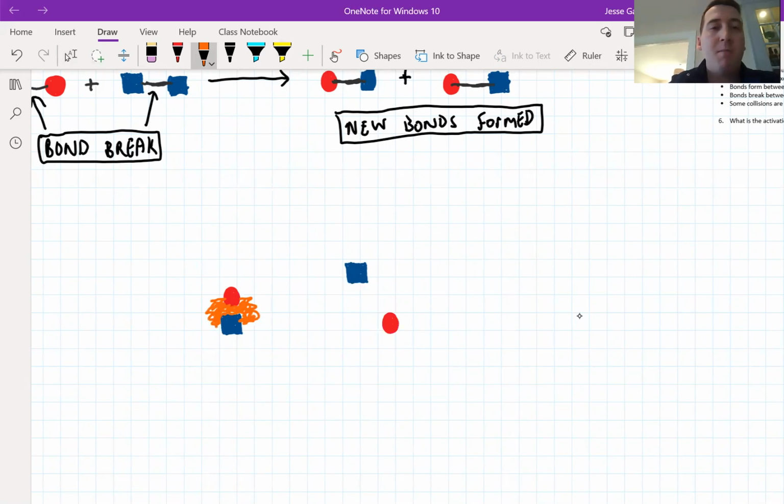It's the minimum amount of energy that particles need to collide with for a new bond to form. So if 2 particles collide and they have the activation energy, they will make a new bond and we will form the new product, but only in what we call successful collisions. A successful collision is one where a collision occurs and the particles have enough energy. They have the activation energy.